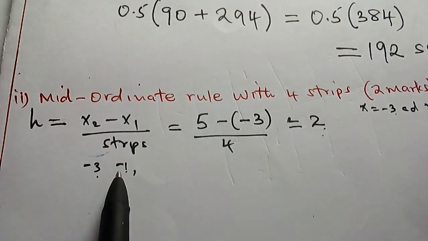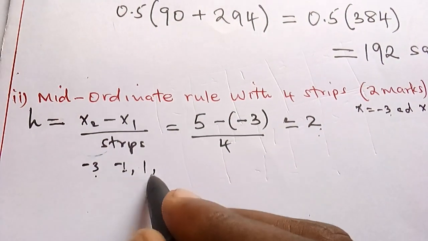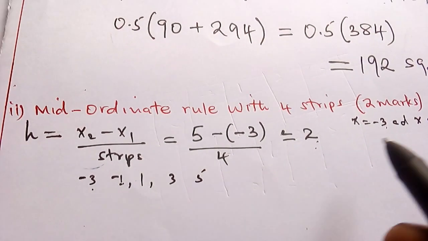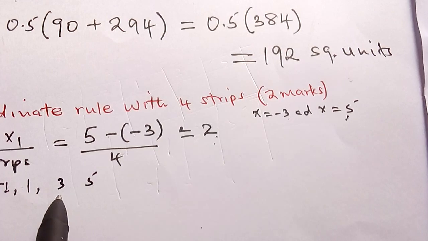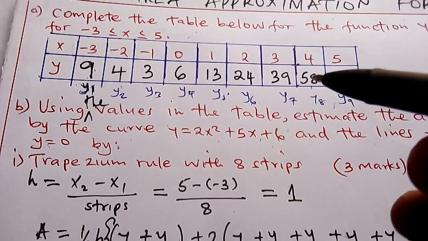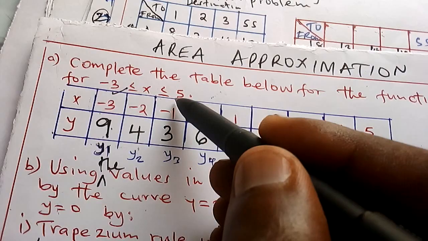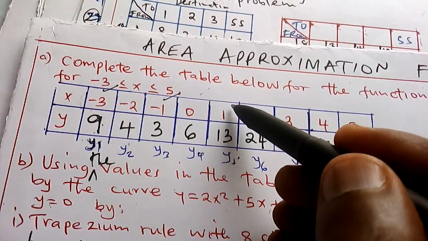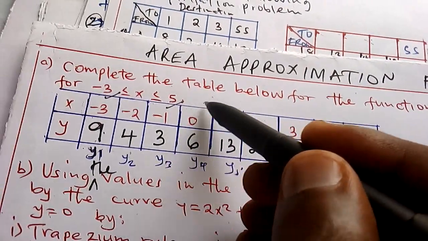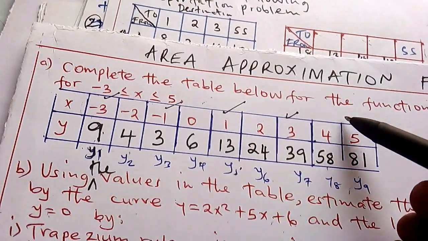So from -3 move to -1. -1 plus 2, you get 1. Then 1 plus 2, you get 3. And 3 plus 2, you get 5. So it is up to 5. So if you go back here, you are going to have from -3, then -1, then 1, then 3, then 5.